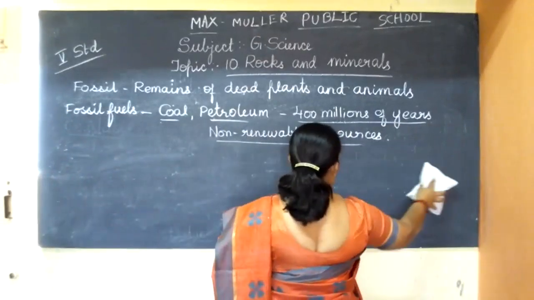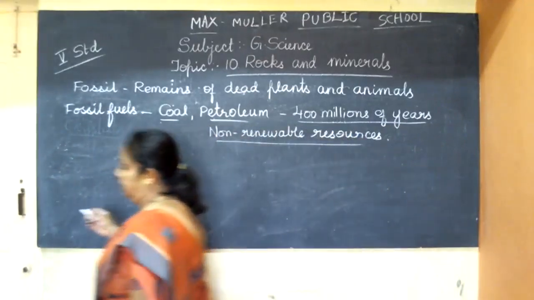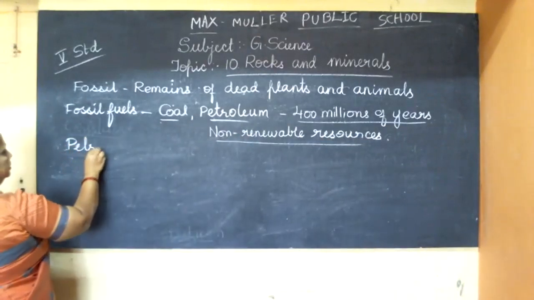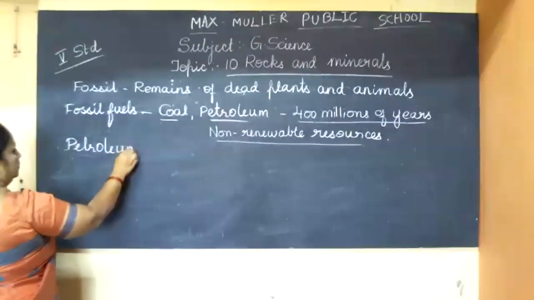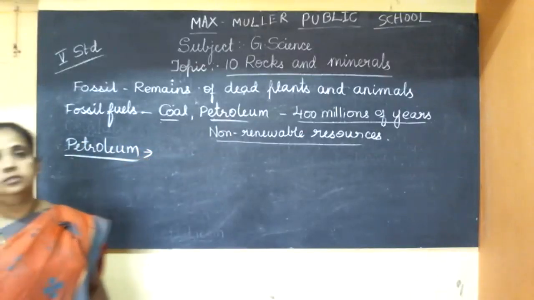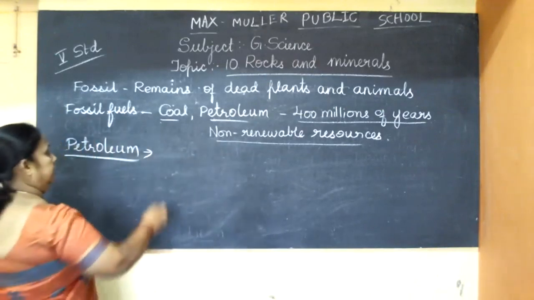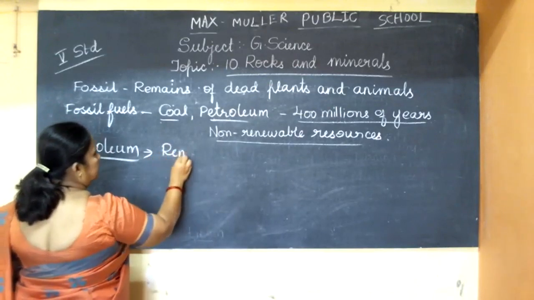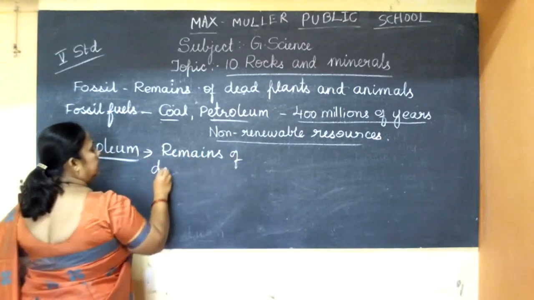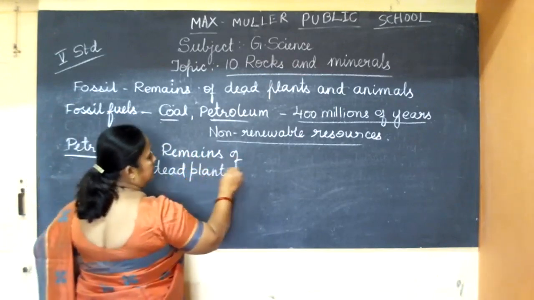Now the next fossil fuel is petroleum. How is petroleum formed? Coal, I said, is formed from the remains of dead plants. Petroleum is formed from the remains of dead plants and animals in the seas.